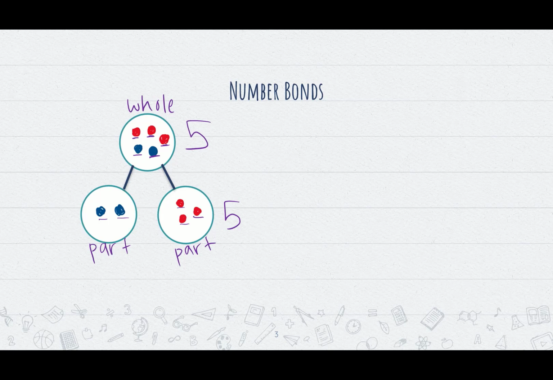But we're going to look at our whole. So we said that our whole was 5 because we counted 5 dots in our whole circle. And then we're going to talk about each part. So in this part, our blue circle part, we have 1, 2. So we have a part that's 2. And then in our next part, we can count our red circles, and we have 1, 2, 3 red circles.